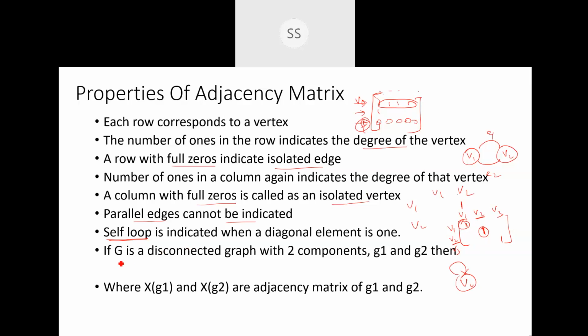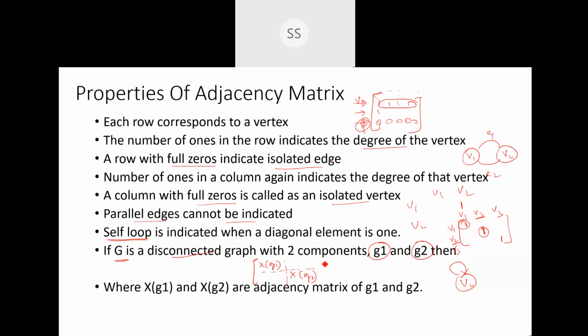Now it says that if G is a disconnected graph, what do you mean by disconnected graph? That is, you have different components in your graph, which can be named G1 and G2. Then how can you represent your disconnected graph? It will consist of X of G1 and X of G2, just like the previous one we had studied.